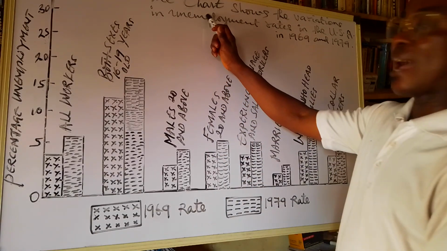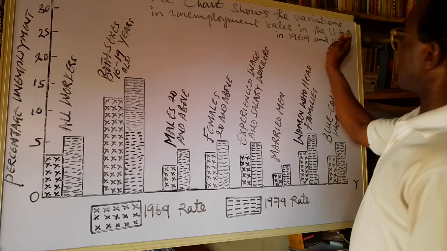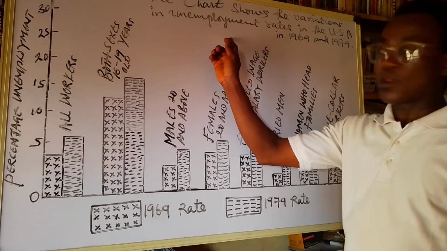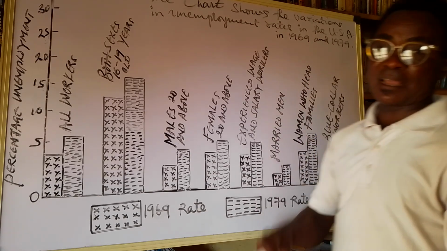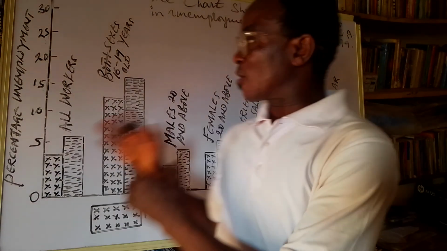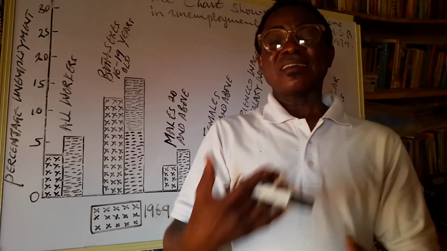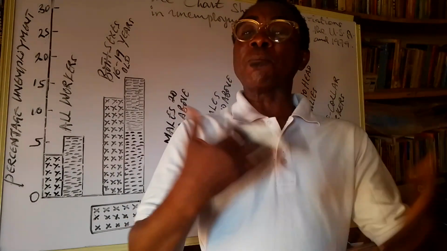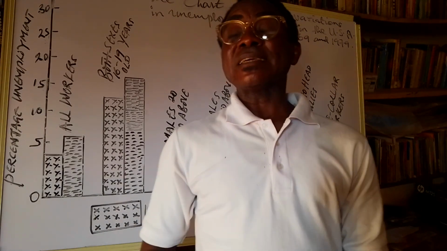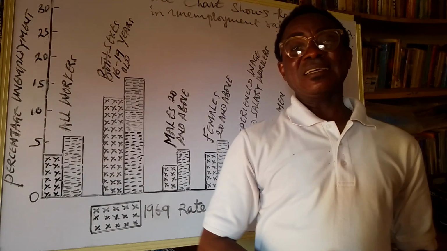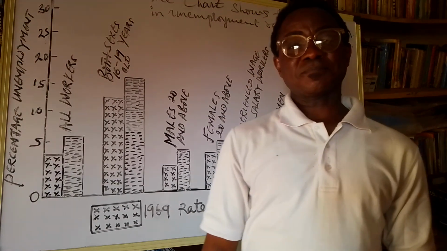It says the chart shows the variations in unemployment rates in the USA in 1969 and 1979. That is, the economic model studies the variations in unemployment rates in the USA in two different years, 1969 and 1979.